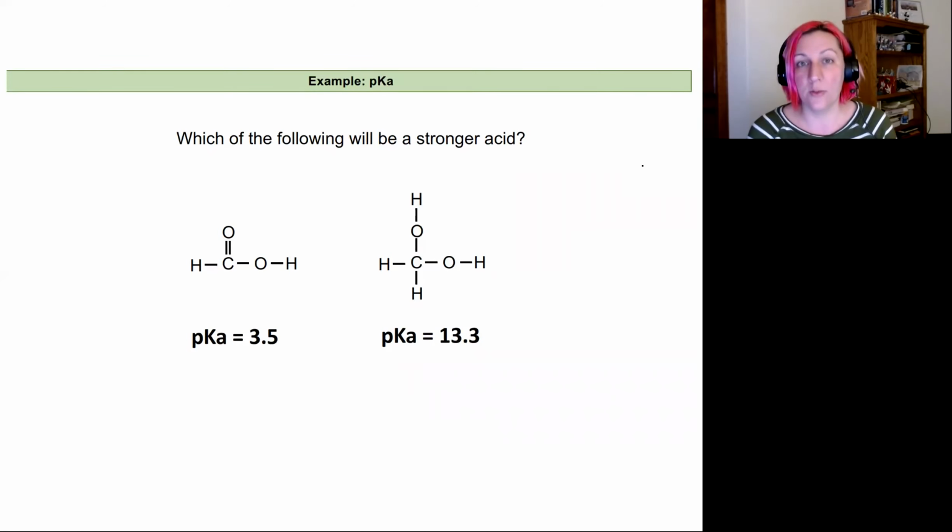But in one, it was a double bond, and the other was a single bond with another hydrogen attached to that oxygen. And we talked about resonance stabilization of the conjugate base really influencing which one was more acidic than the other. At the time, we just said that the formic acid on the left was more acidic than the other one.